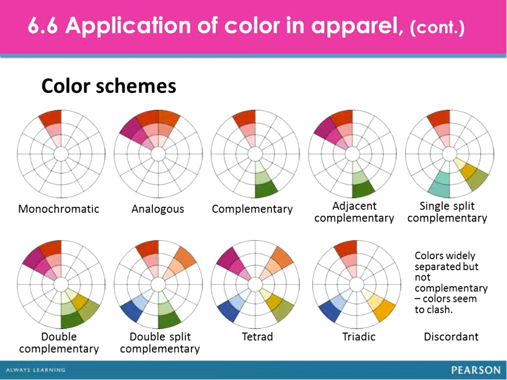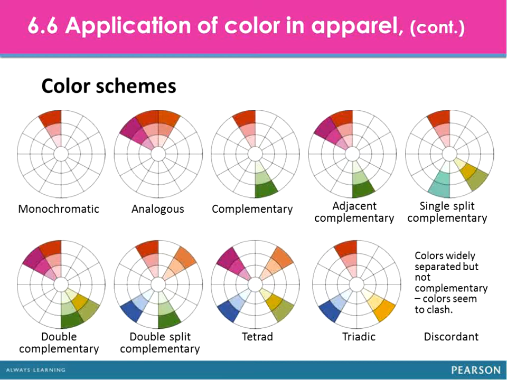And a triadic would be an equally based triangle. Colors widely separated but not complementary actually seem to appear as if they clash, and we would call that discordant.